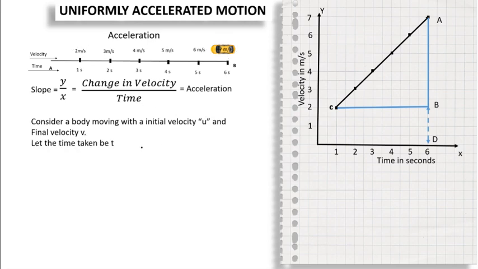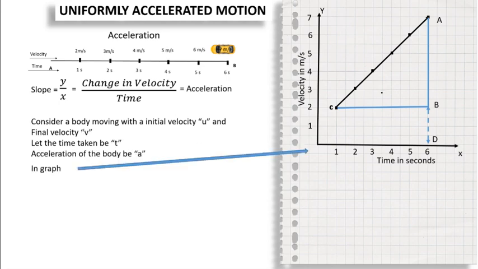Right? And now look at the graph. In the graph, what does dB stand for? dB stands for initial velocity. And what is that initial velocity? Initial velocity is u. It is nothing but u.